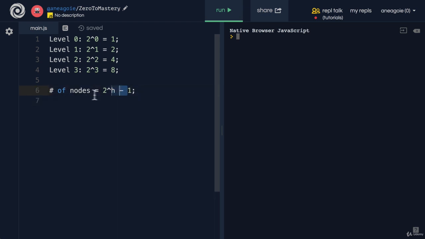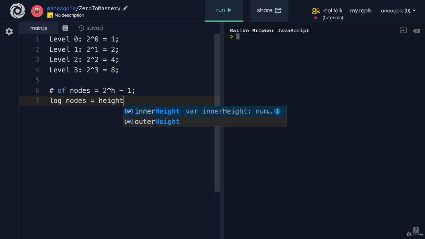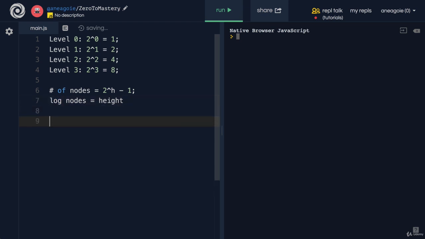Now, if we actually simplify this, we can just simply say that the log of nodes is going to equal the height, or the steps. And I use log here. Just in case you're wondering, log simply means that log 100 is equal to 2, because 10 to the power of 2 equals 100.